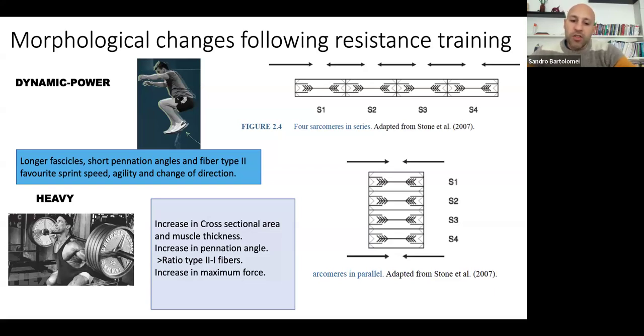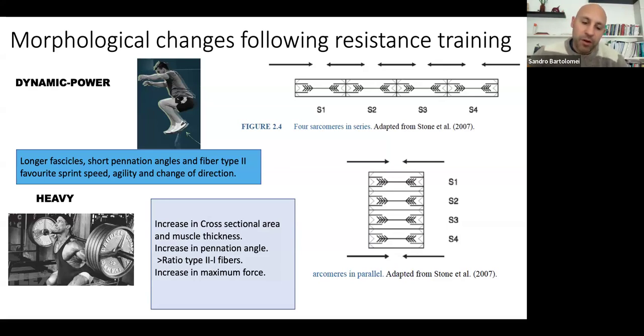And also a change in the ratio between type 2 and type 1 fibers, because all the different kinds of fibers can increase their size. So not just fast fibers, but also intermediate and slow fibers. Okay, so there is a different morphological effect.